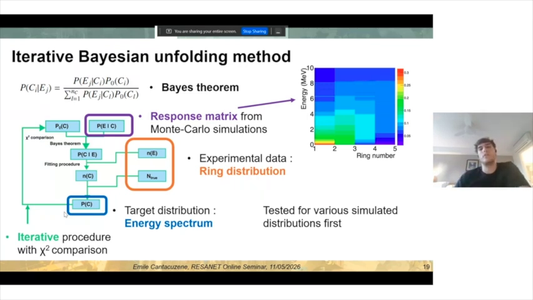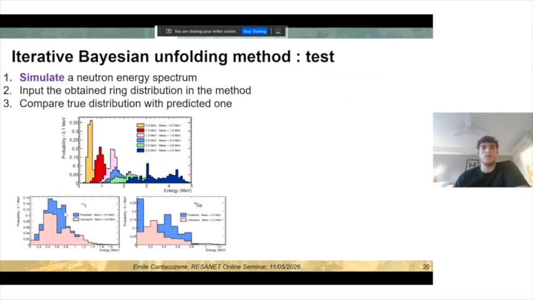And so this method was tested for various simulated distributions. The way we tested this is by simulating an energy spectrum that we know, measuring the ring distribution obtained with this simulation, and using this ring distribution as input in our method. Then we can compare the distribution we used as input and the output distribution.